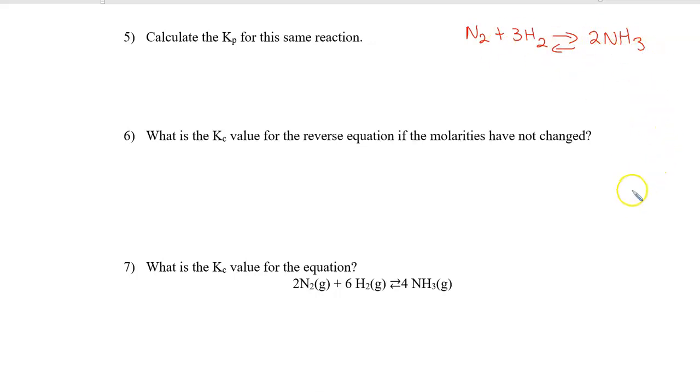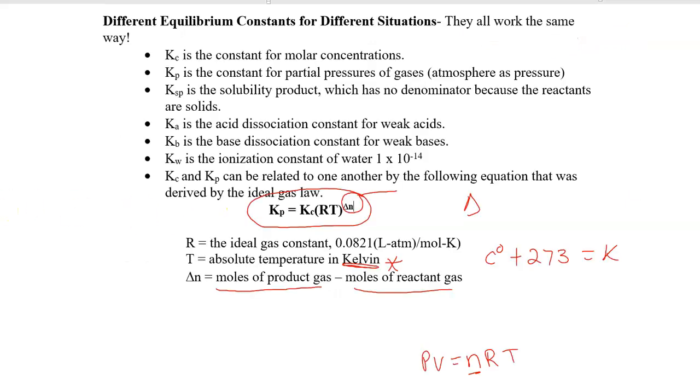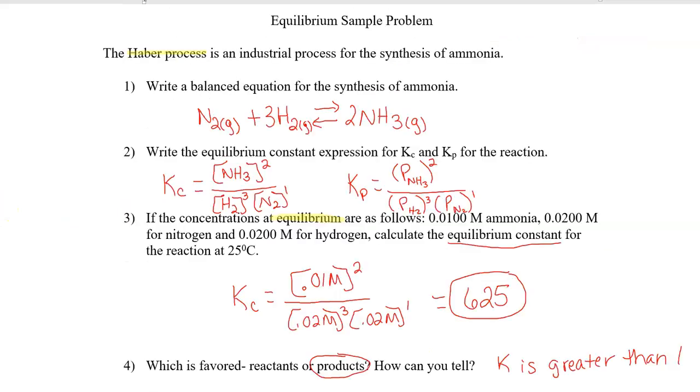Okay, so there's our reaction going on. We just calculated with all that information, and I think it said we were at 25 degrees Celsius. Yes, we're at 25 degrees Celsius. And we just calculated that Kc to be 625.